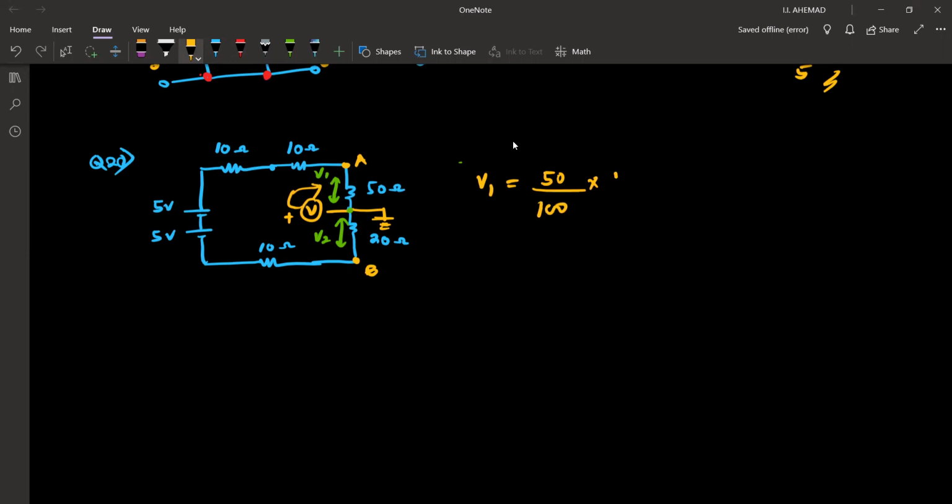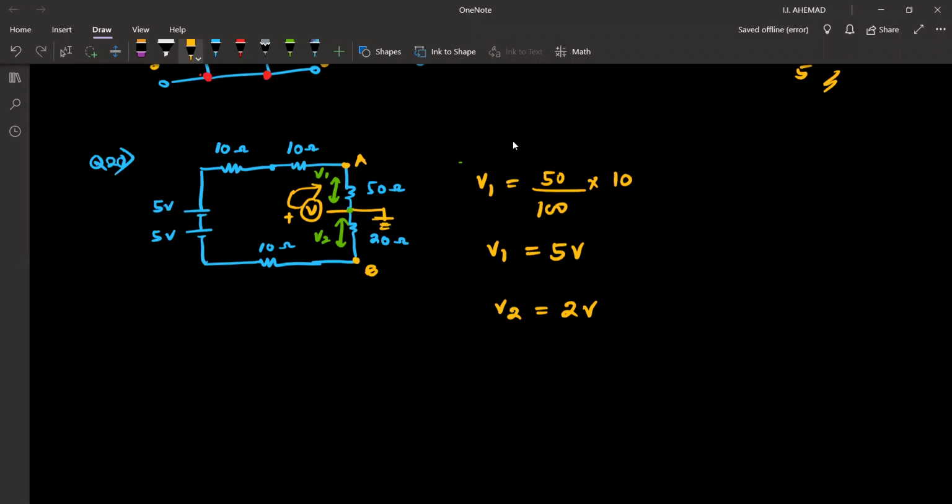Into 10. Therefore, V1 is equal to 5 volts. Then V2. If you find V2, it will be 2 volts.